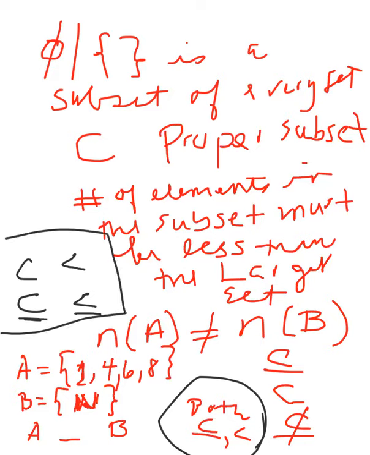So now I am going to talk about how we determine the number of subsets. To find the number of subsets in a set, we use the formula, guys, 2 to the n to calculate the number of subsets.